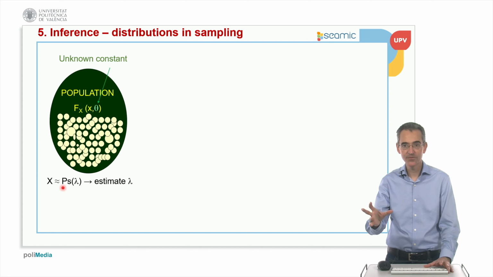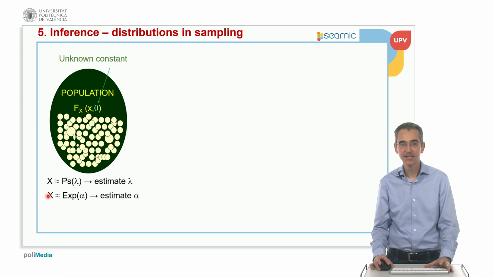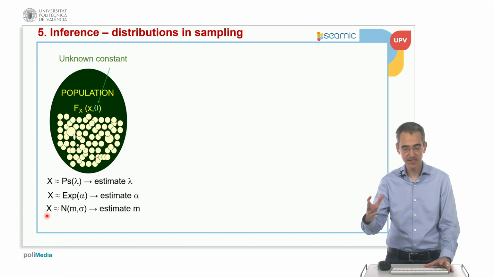So the goal of the sampling would be to estimate lambda, or it could be an exponential distribution with a parameter alpha, where the goal would be to estimate alpha, or it could be a normal distribution with two parameters, the average and the standard deviation. For example, we might be interested in estimating the average of the population.